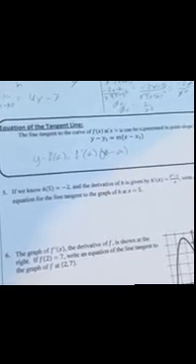If we know h of 5 equals negative 2, and the derivative of h is given by h prime of x equals x cubed minus 2 over x, write an equation for the line tangent to the graph of h at x equals 5. Since we already have the derivative of h, we can just plug in 5 for the x's.